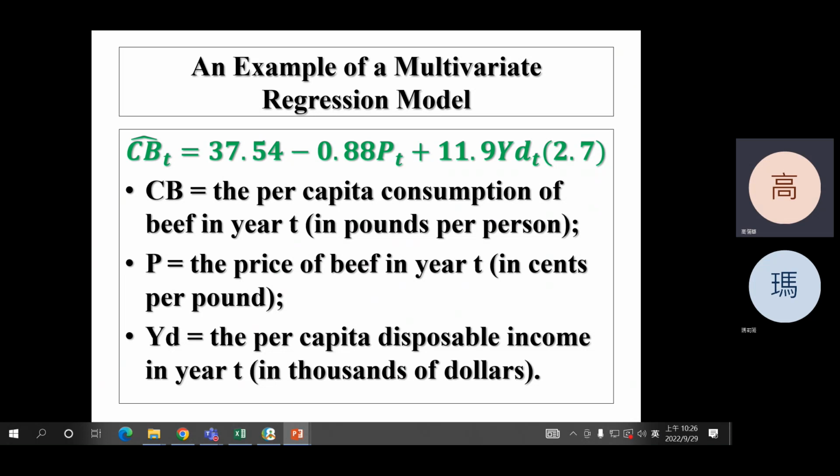Okay, let's think about the relationship first before we explain the meaning of the coefficient. Y is the consumption of beef, and P is the price of beef. According to economic theory, what is the relationship between these two, positive or negative?